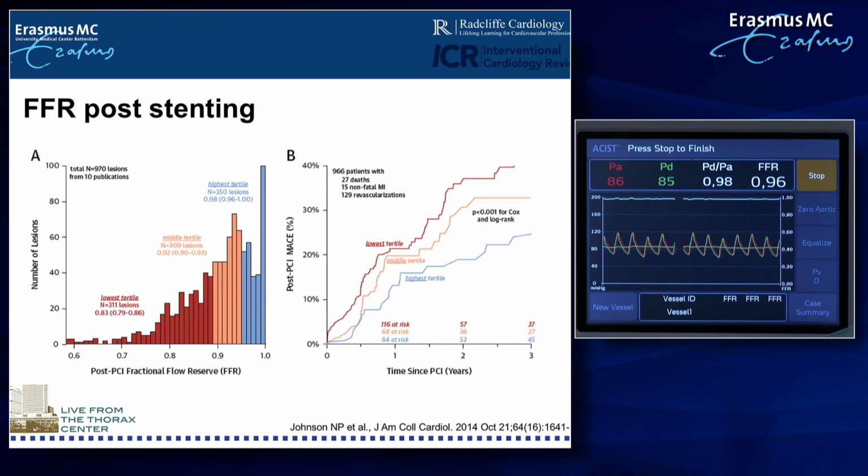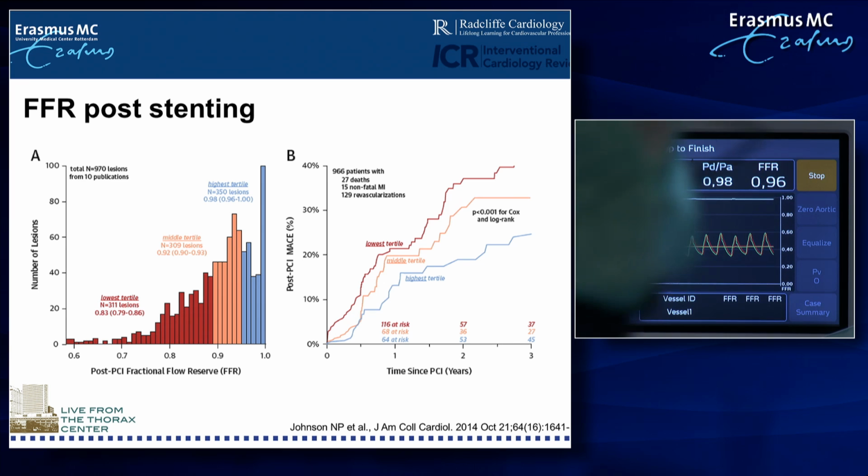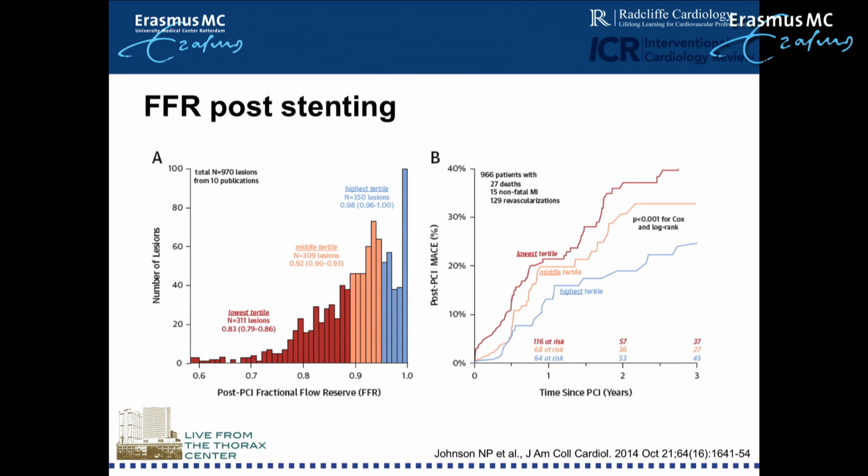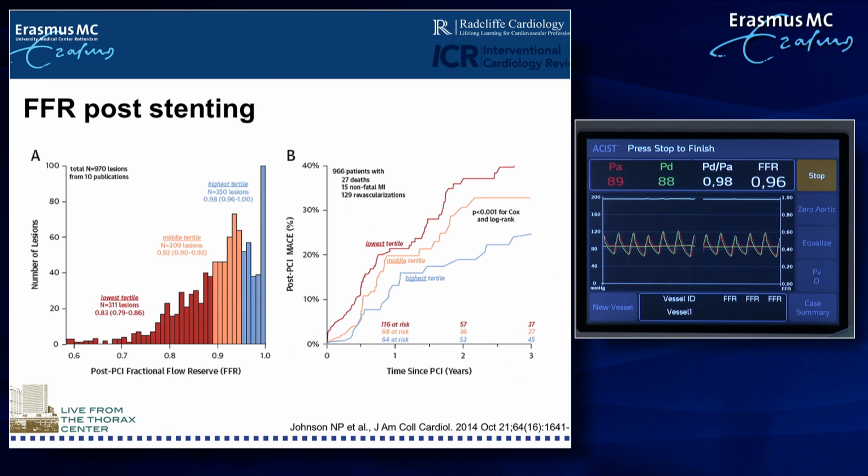Yeah, actually, it is interesting because probably we can move a little bit from the idea that the FFR is a binary value, more or less than 0.80. Probably we can consider that the FFR is also assessing the overall atherosclerosis in the vessel. So probably it's not the same to have 0.82 after stenting or 0.98 after stenting.